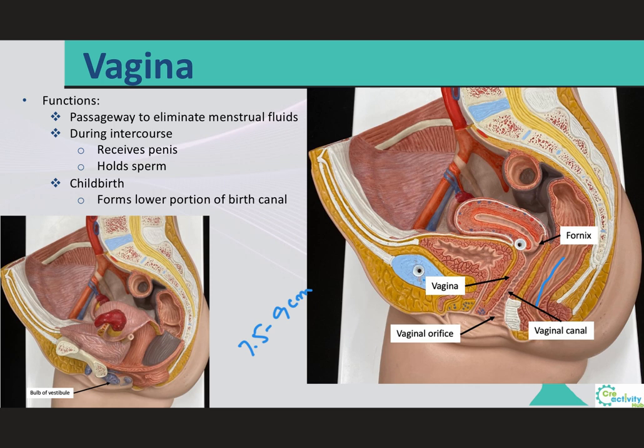Now, anteriorly, the urethra will travel along the superior wall of the vagina as it travels from the urinary bladder to its opening into the vestibule, which is the space that's bordered by the external genitalia. So all of the external genitalia receives the name of vestibule, or also can be called the vulva.